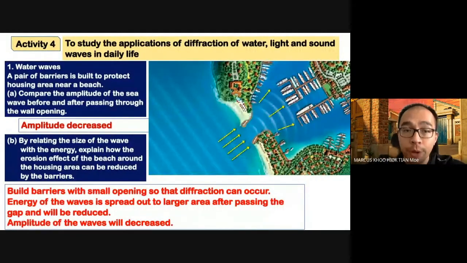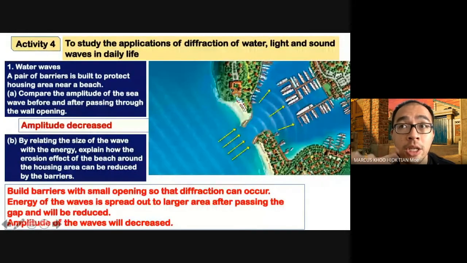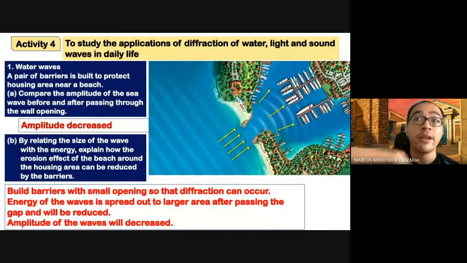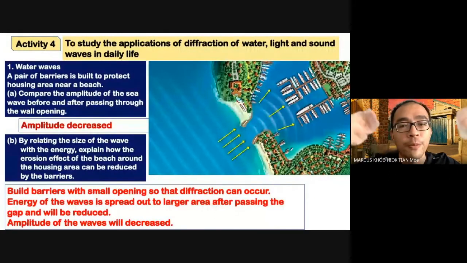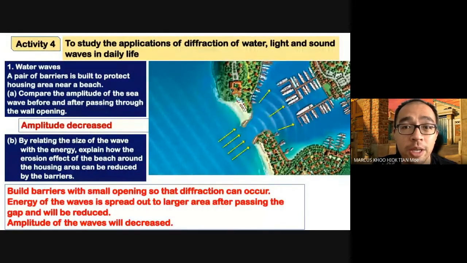It will be spread out, and the energy will be reduced, and therefore the amplitude of the waves is decreased. I mentioned on Monday that the energy of the wave has something to do with the amplitude of the wave. The bigger your amplitude, the higher the wave is, the bigger the energy. Think of a tsunami. A tsunami has a very high amplitude, and so it's very high energy. So when it hits the city, boom, all will be gone.